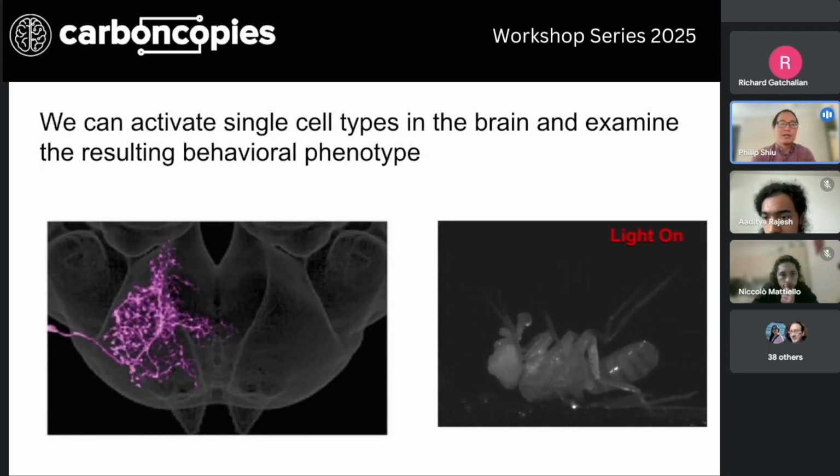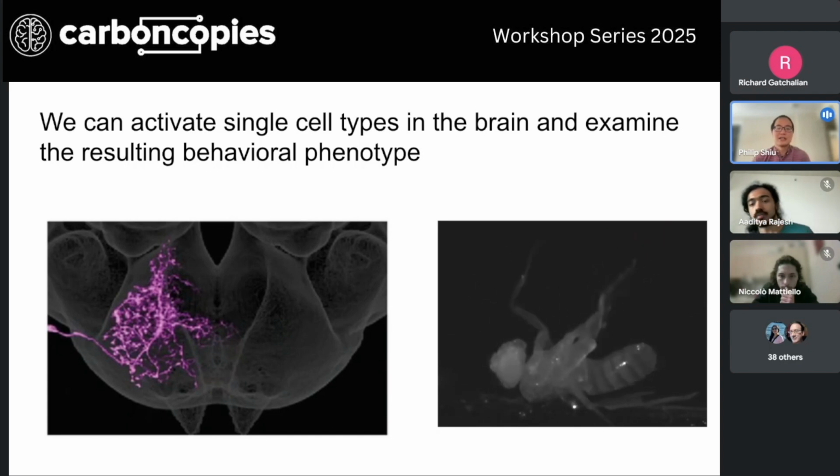So what we did was use single cell type reagents to activate just these specific cell types. For example, we can activate the specific cell type on the left, and this causes the fly to extend its proboscis. So here we're using optogenetics, and when the light gets turned on, this neuron gets activated and the fly extends its proboscis, as if there's sugar to eat.